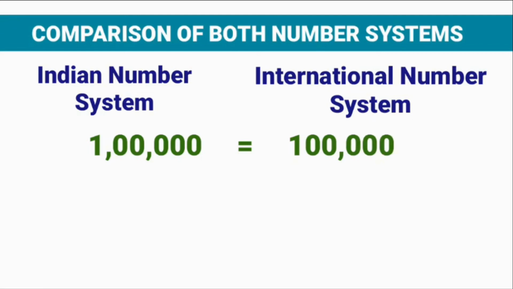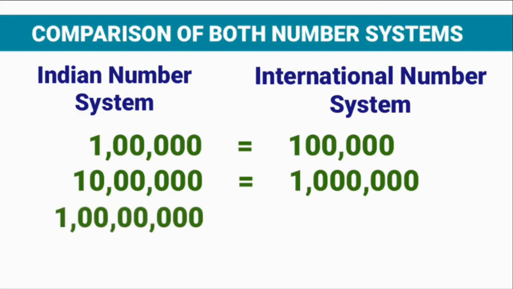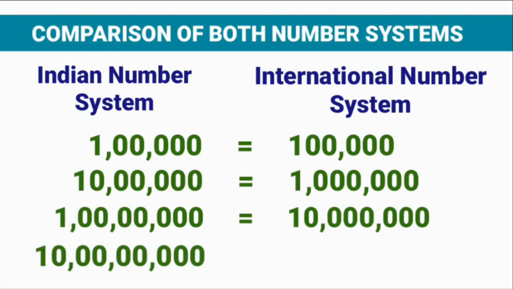In the same way, 10 lakh will be equal to 1 million. Then we have 1 crore, and 1 crore is equal to 10 million. Now we have 10 crore, and that 10 crore is equal to 100 million.